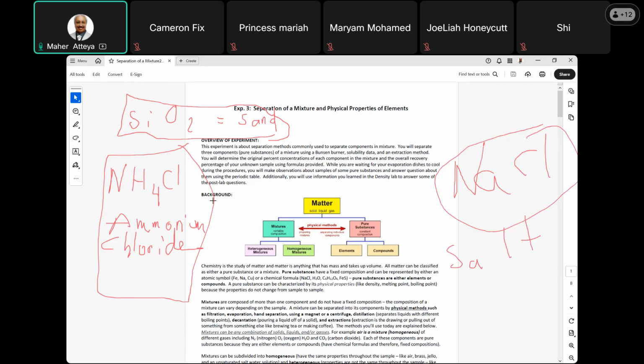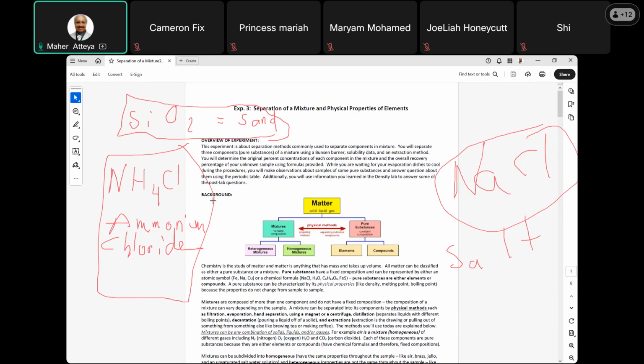So we'll take advantage of the fact that physical properties are different. Sand and salt differ in solubility in H2O. Sand is insoluble and not polar, so it will not interact with H2O. Sodium chloride is a polar ionic compound, and it will be soluble in H2O, so we can separate them.